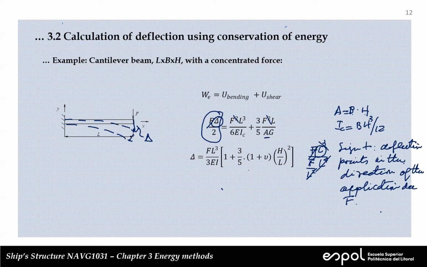Now, this is something which is very important. Okay. This is 3/2. Okay, so that's 0.6. Okay. This is 1.3 more or less. So we can say that this product is about 1 more or less, right? So we have 1 plus h over L squared.